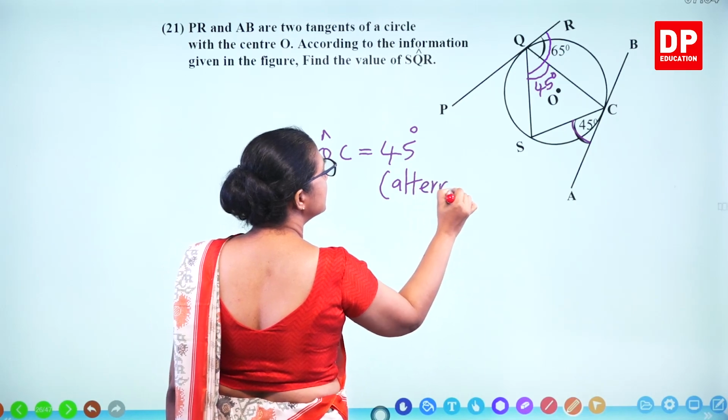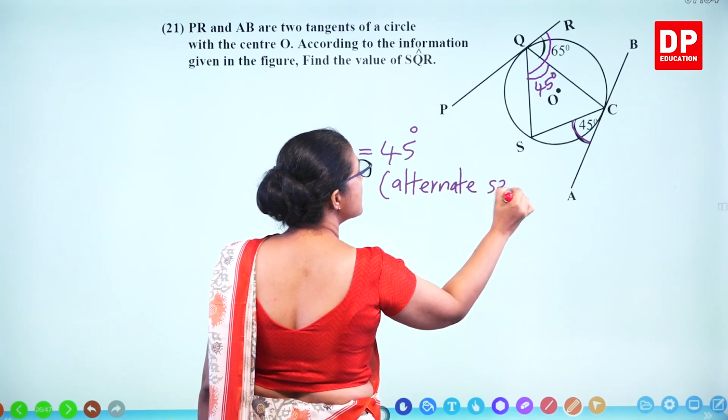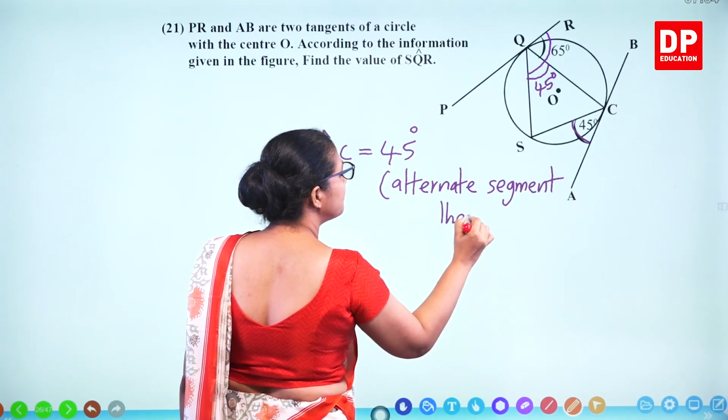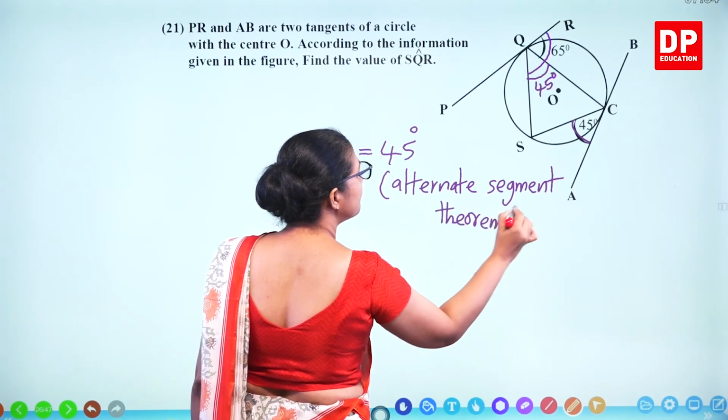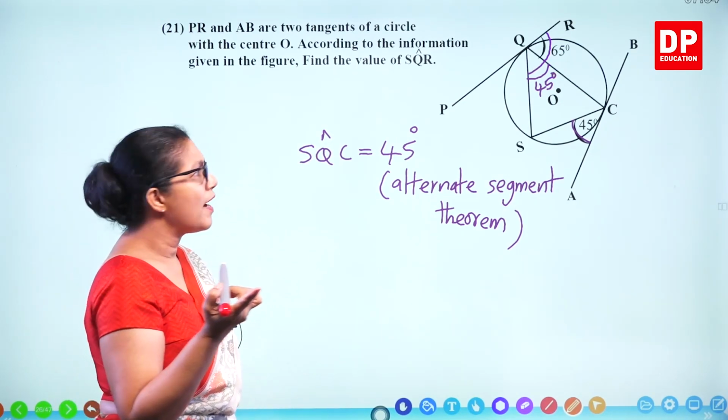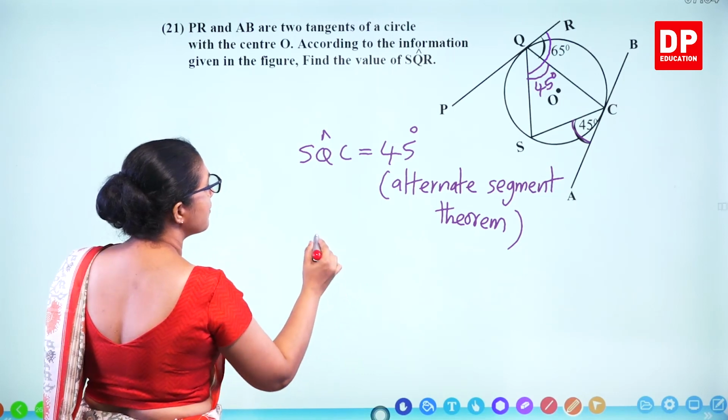Alternate segment theorem. Now, easily you can find out SQR.